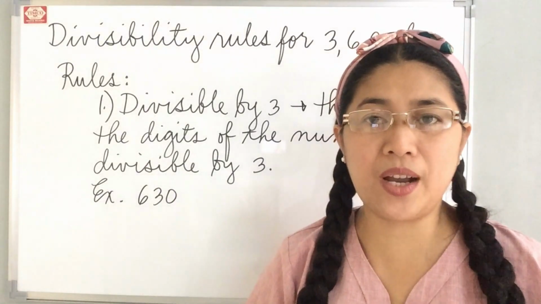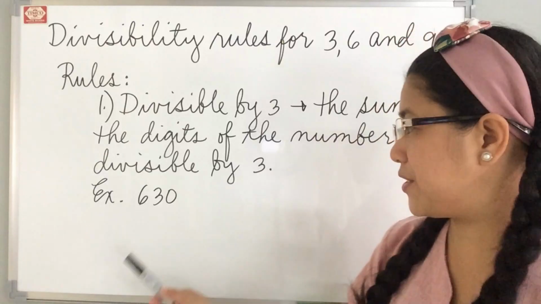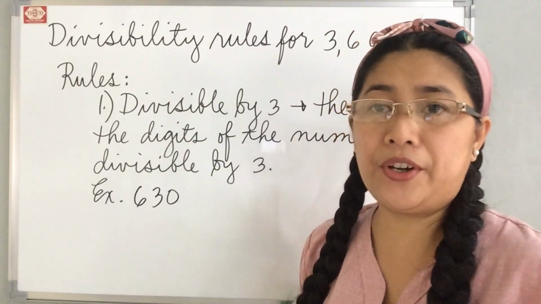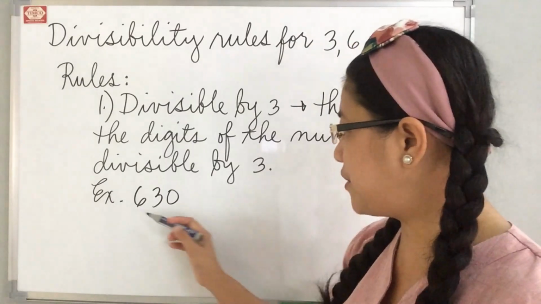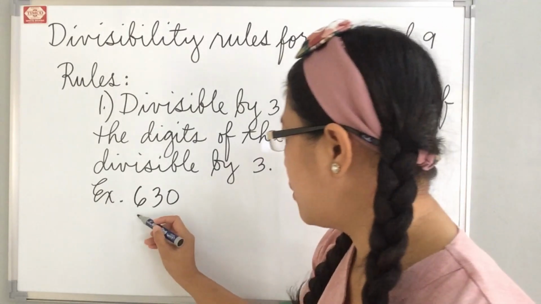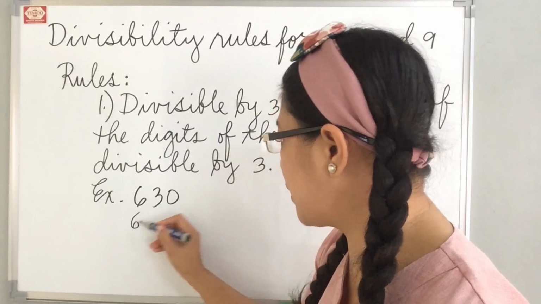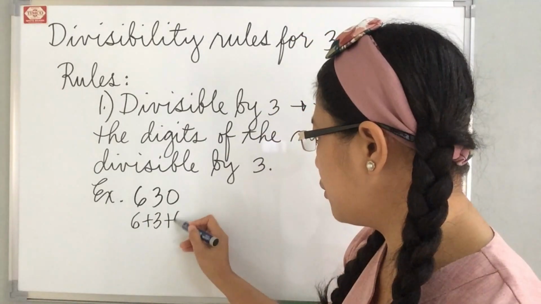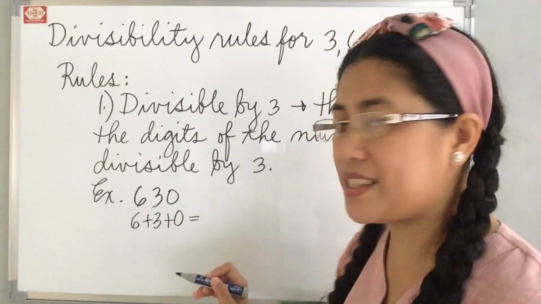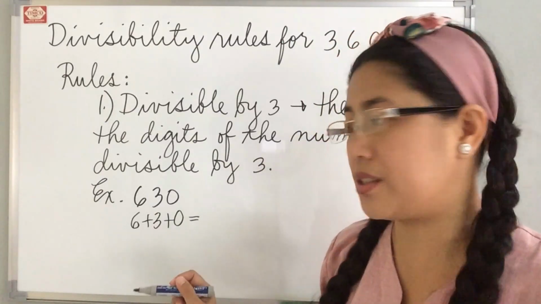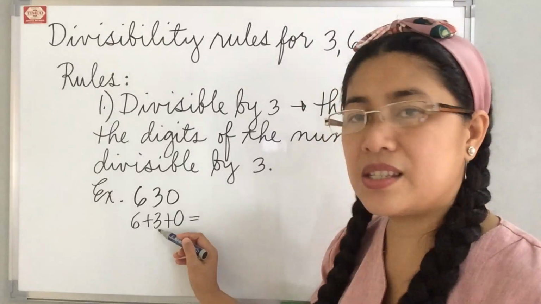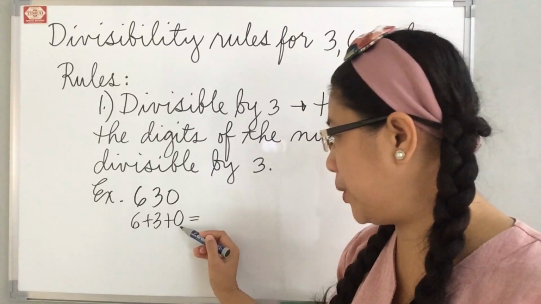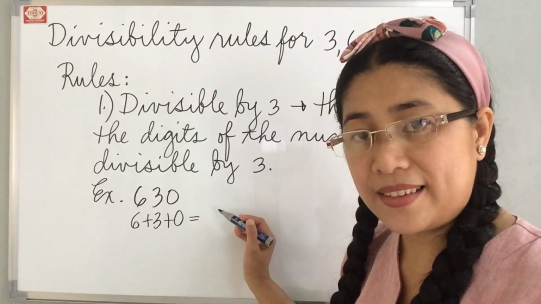So how is this one? For example, we have 630. So let's get the sum of the digits of 630. So let's write 6 plus 3 plus 0. Now, what is the sum of the digits? 6 plus 3 is equal to 9. 9 plus 0 is still 9.